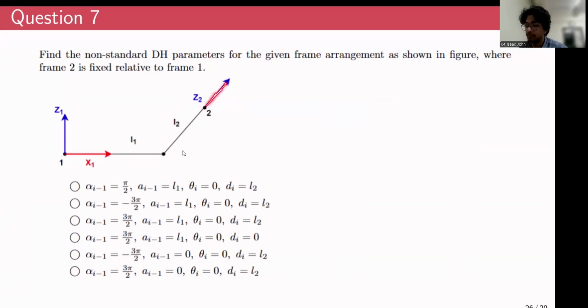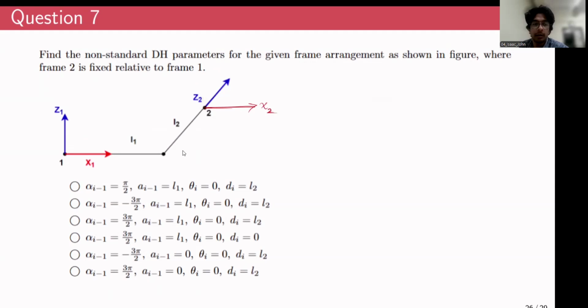It's always fixed. It won't move in any direction. Maybe if you consider X2 to be in this direction, there is no reason for X2 to be moved because it's always fixed. At some other instance, it won't be like this. It's always fixed.